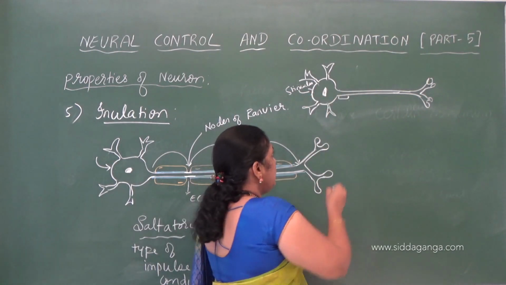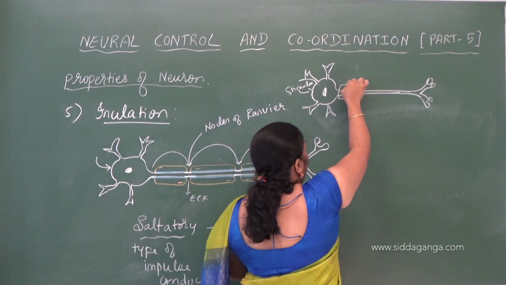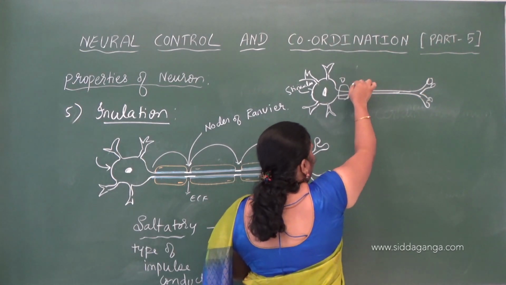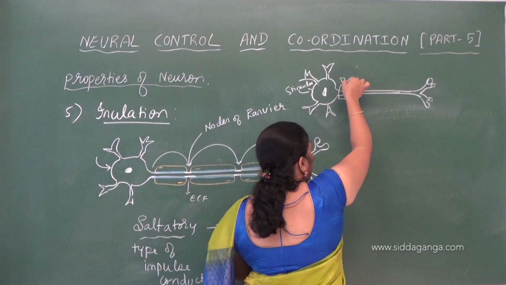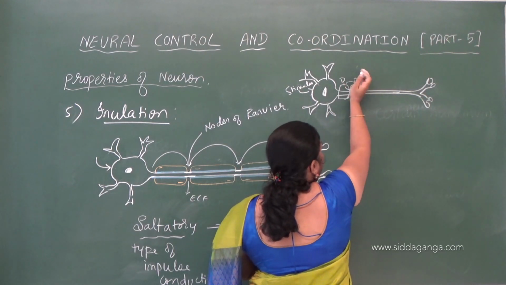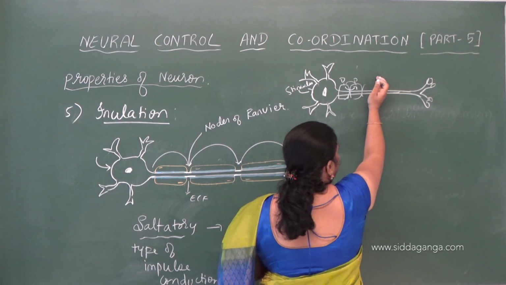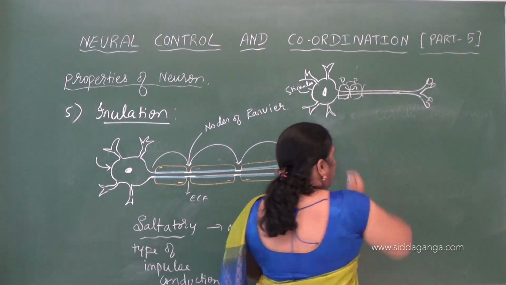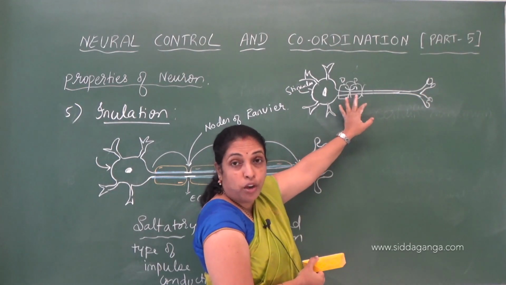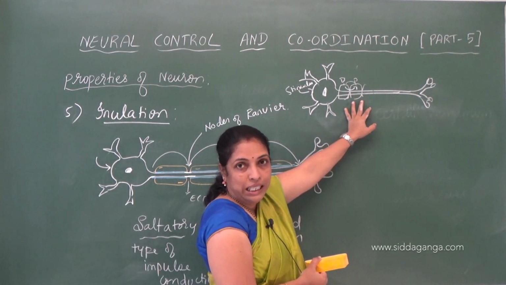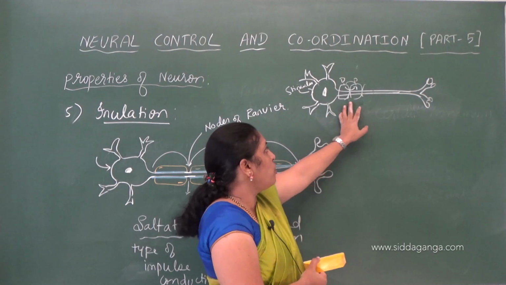Then this part area will become depolarized and the next part will be in a polarized state. So, it will shift from here to here. Then this area becomes repolarized, this area becomes depolarized. Jumping of action potential, jumping of impulse does not take place in non-myelinated neurons.